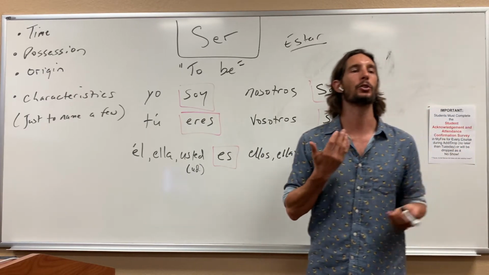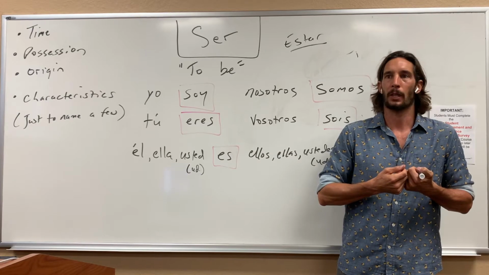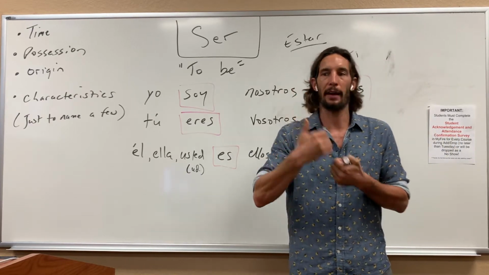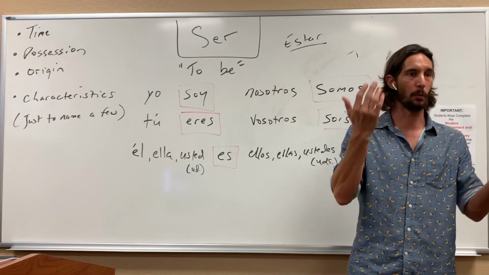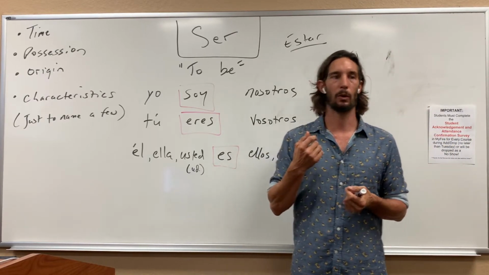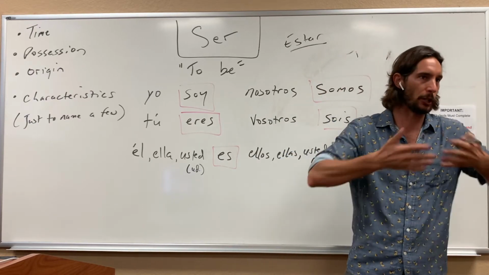And again, that's just to name a few, but the last one is characteristics. Say we're on the phone and I've never met you before, and I have to meet up with you for one reason or another. And I'm like, well, ¿cómo eres? You could then describe your features or your characteristics.